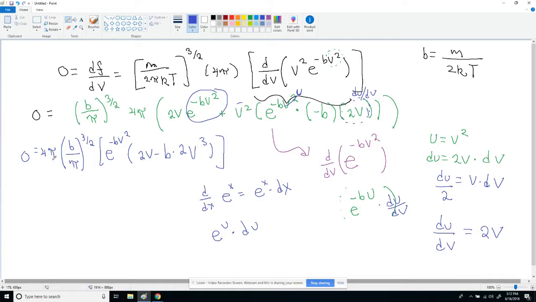And we can divide all of this stuff over here, constants, and get 0 is equal to e to the minus b v squared times 2v minus 2b v to the power of 3. And we have to find out when this is equal to 0.